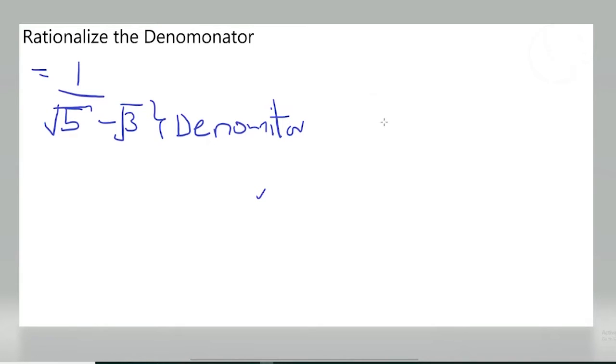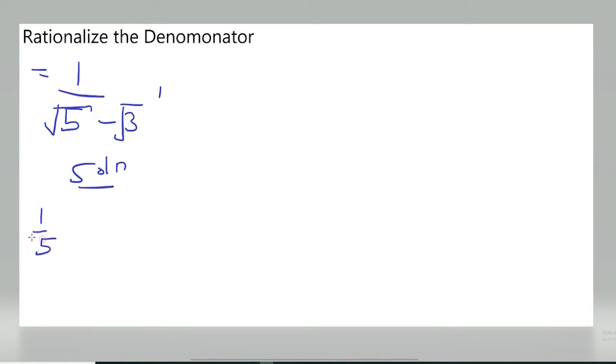Here is the solution. The question can be stated as: rationalize the denominator. Solution: this is 1 over the square root of 5 minus the square root of 3. Rationalizing the denominator means you do it like this.